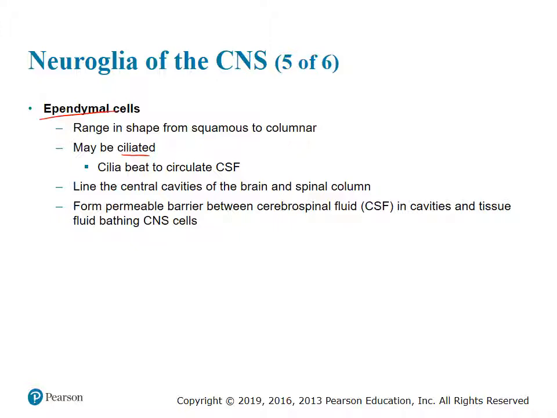For example, the ependymal cells that line certain parts of our brain have those cilia, and they help to move what we call cerebrospinal fluid, because remember, that's a type of extracellular fluid.